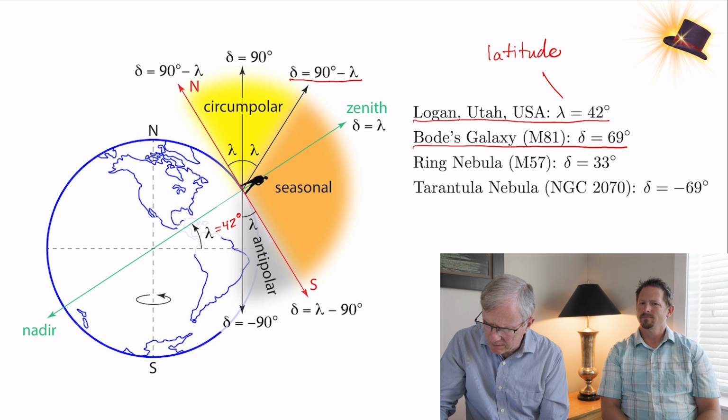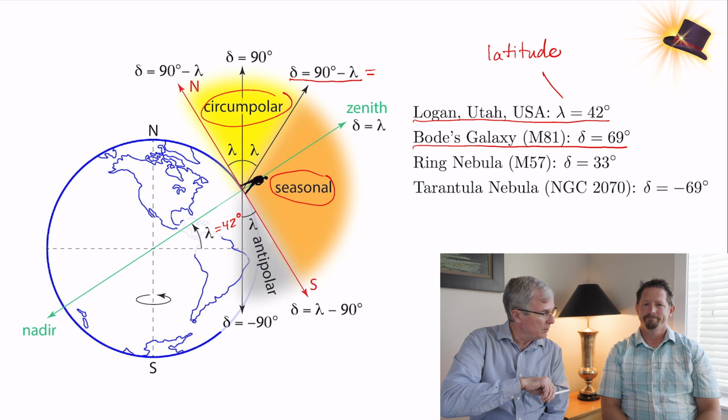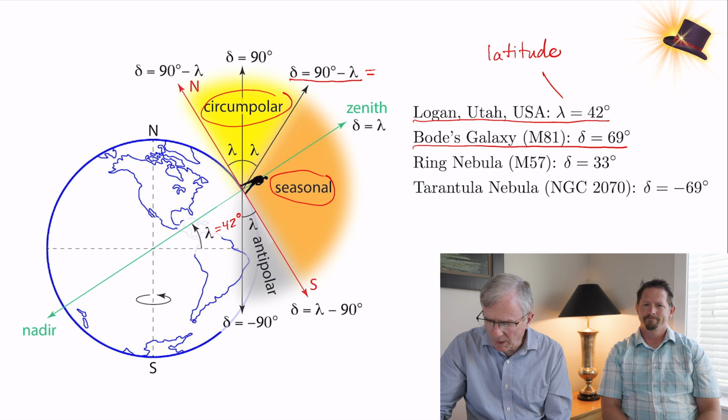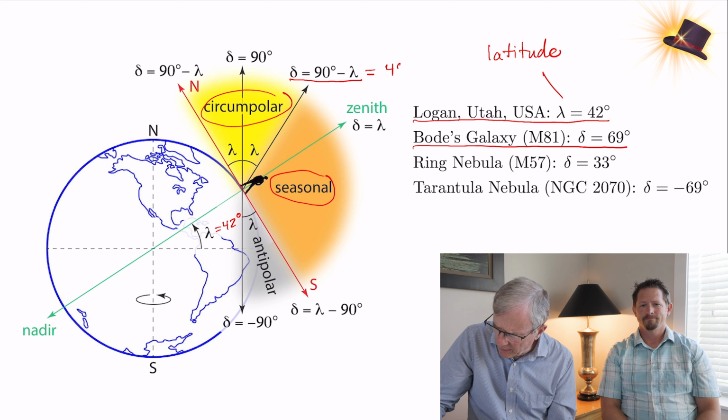Delta equals 90 minus lambda is the dividing line between circumpolar and seasonal. Let's substitute our latitude, 42 degrees: 90 minus 42, it better be 48 degrees.